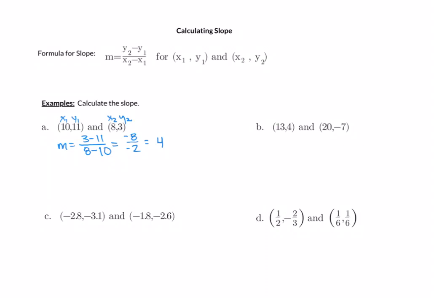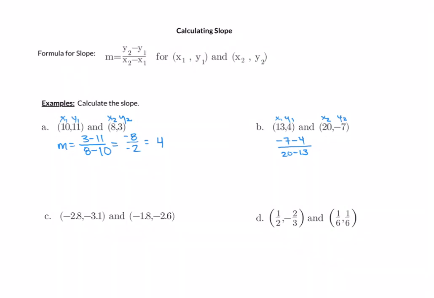All right, let's try one more basic one. Same thing, I'm going to label my first point as x1, y1, and my second point as x2, y2. So we want to subtract the y values. We get negative 7 minus 4 over, subtract the x values, 20 minus 13.